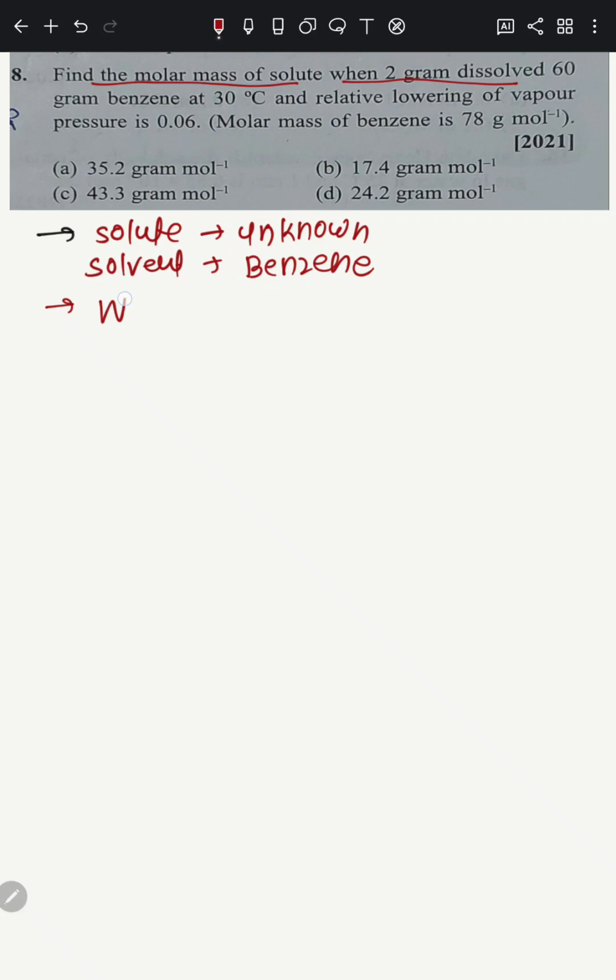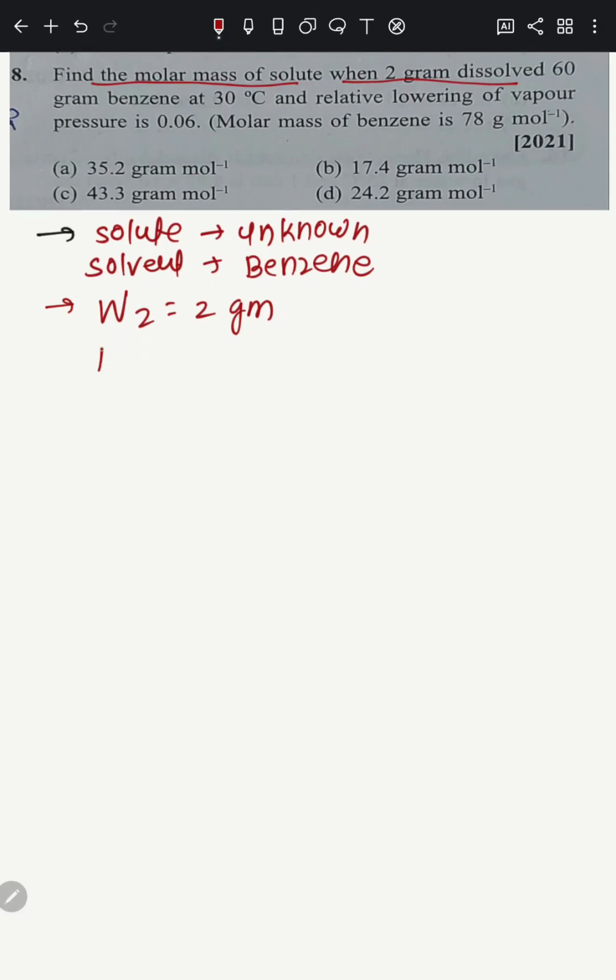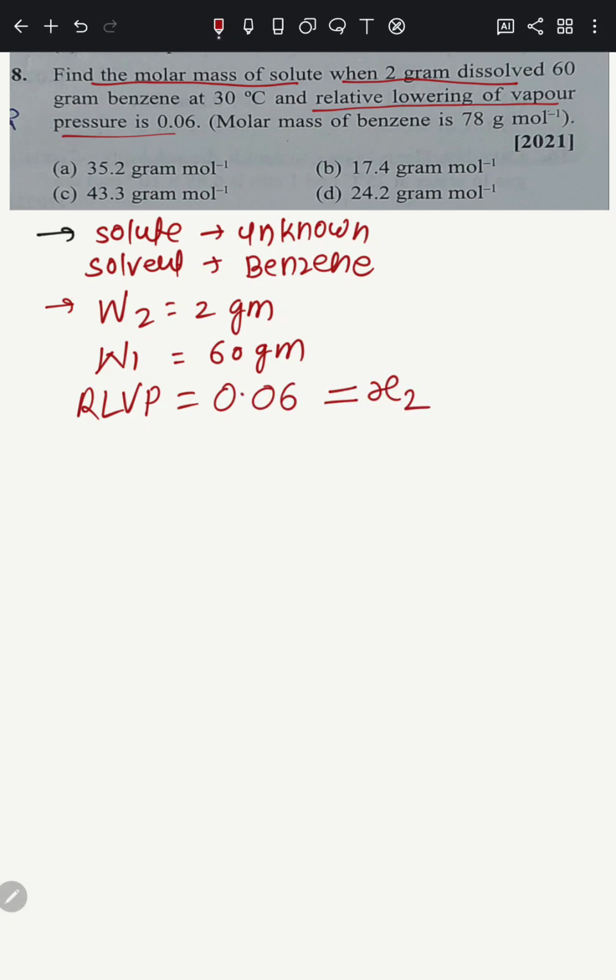It means W2 is provided, that is 2 gram, in 60 gram of benzene, so W1 is also provided, that is 60 gram. Then the relative lowering of vapor pressure, RLVP, is 0.06.